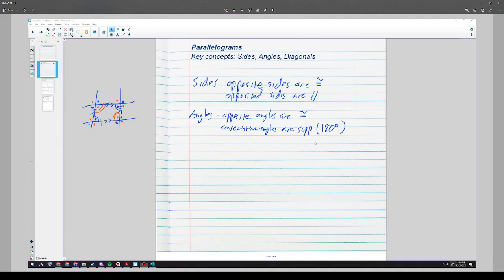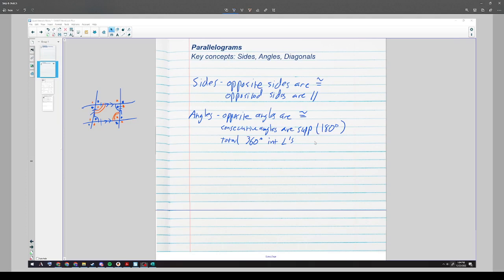We know that opposite corners are equal and consecutive corners are supplementary. We also know that the total, just like it is for any quadrilateral, is 360 degrees for interior angles. So we have two pairs of supplementary angles, 180 and 180. Total is 360. But we also learned that every quadrilateral, no matter how you draw it, as long as it's convex, has interior angles totaling 360.